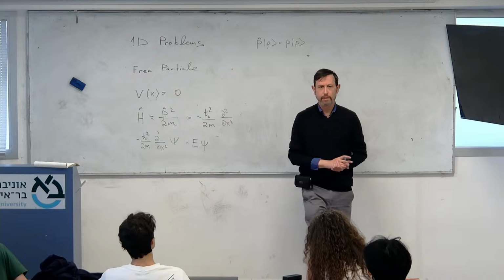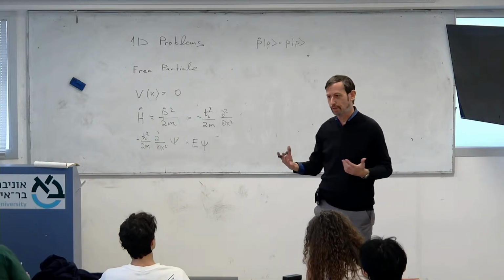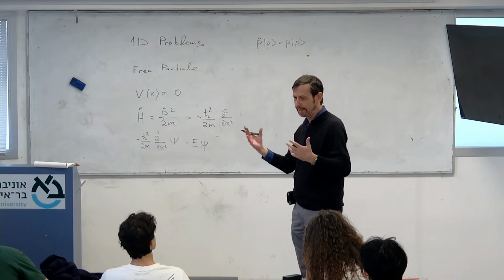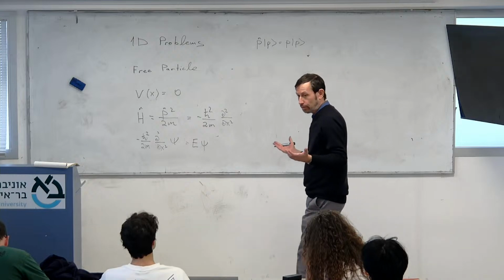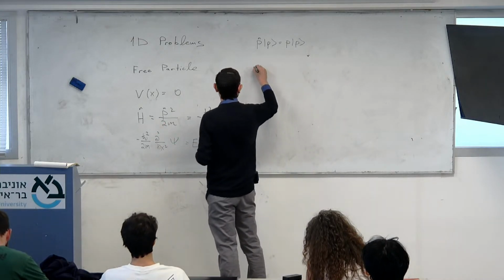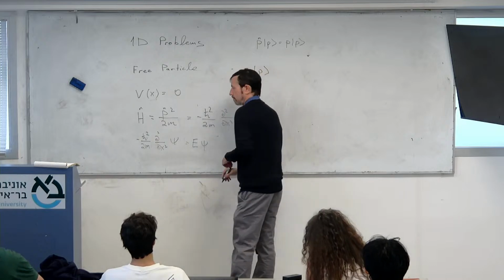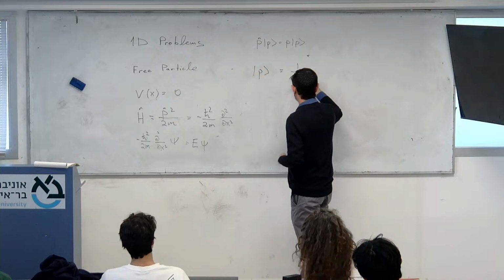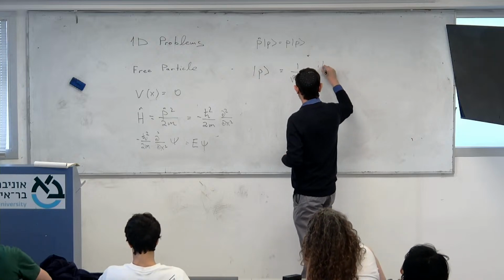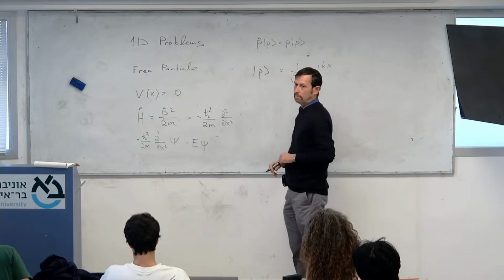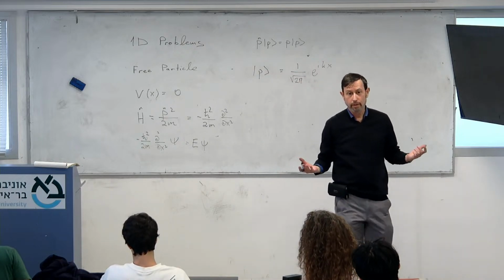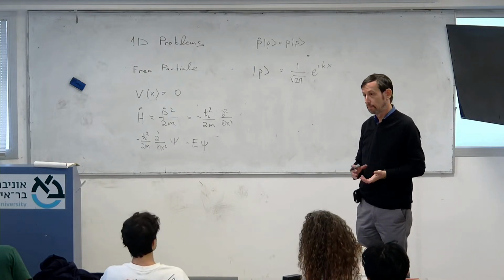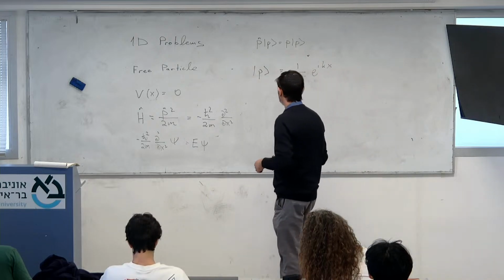In some of the first lectures we have proven that if we know the eigenvectors of some operator, then to any power of this operator, these are also its eigenvectors. So these are the solutions of the Hamiltonian. Don't believe it? Check.